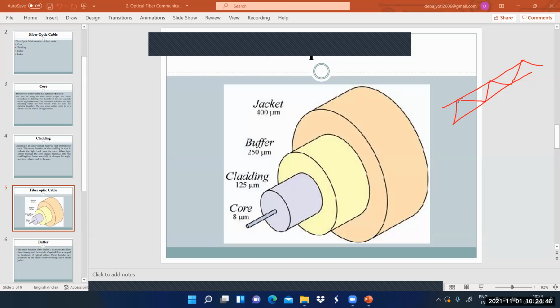So there is a loss of signal because of reflection.